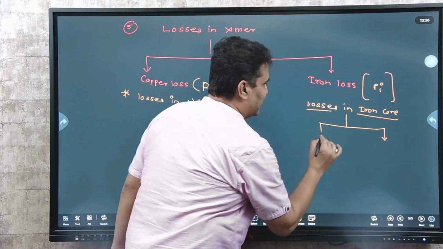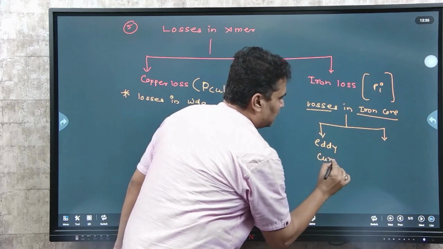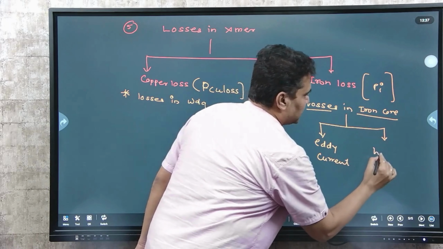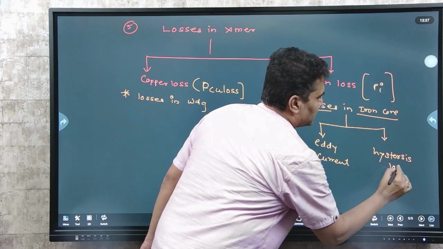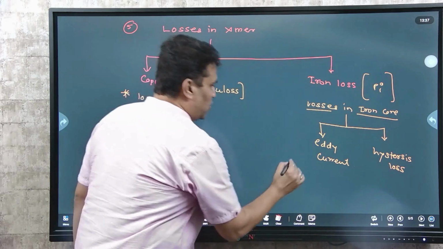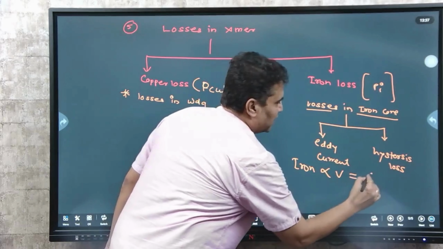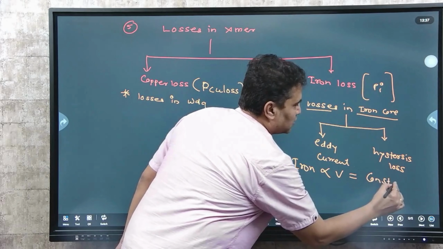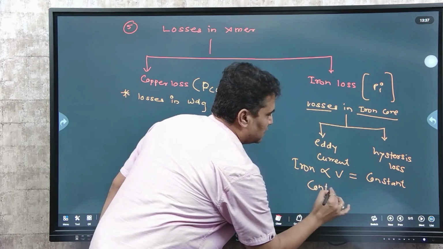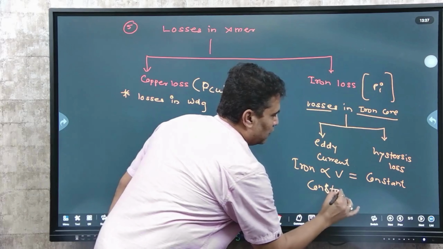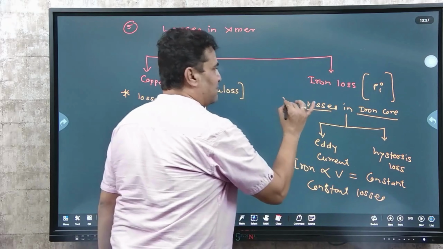One is called eddy current loss, and another is called hysteresis loss. But iron loss is always proportional to voltage, and voltage always remains constant. That's why iron loss is also called constant losses. आयरन लॉस नो लोड टू फुल लोड हमेशा स्टेबल रहेगा.